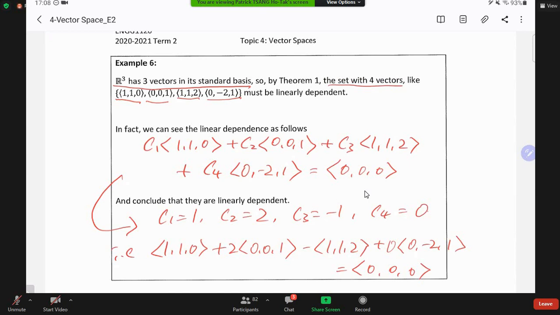So we can claim that this set of 4 vectors must be linearly dependent. I hope you can connect this with theorem 1 in this section on dimension.